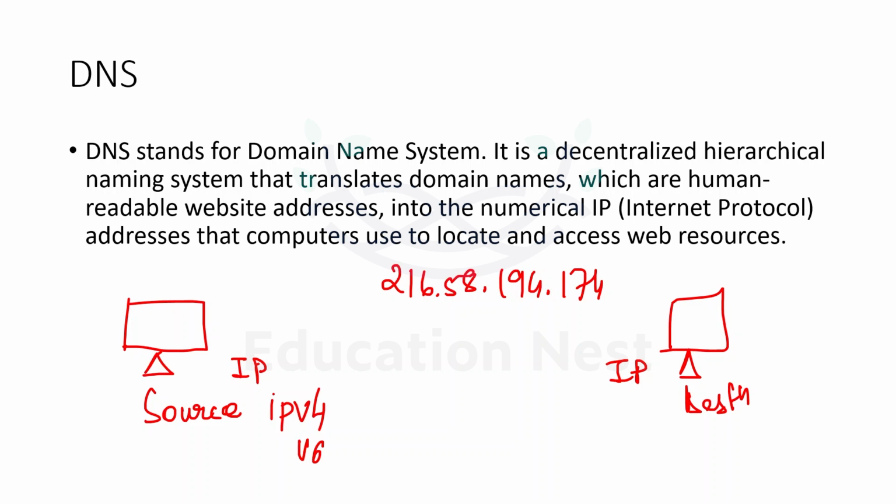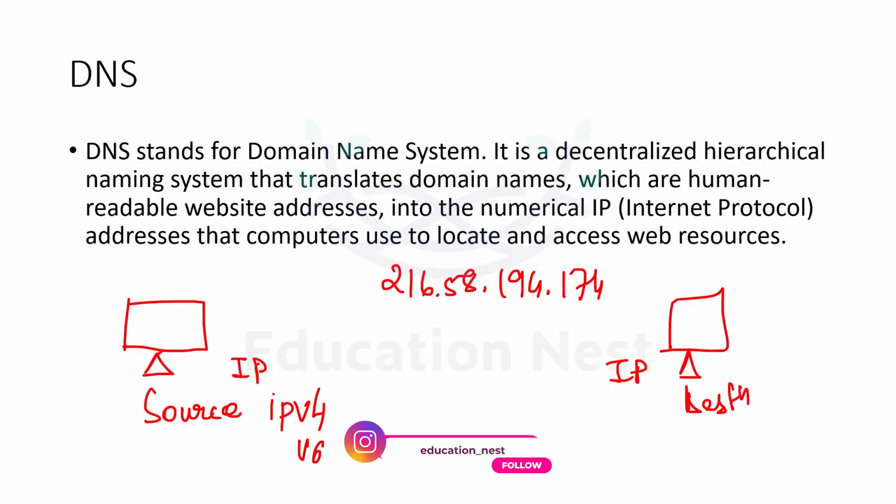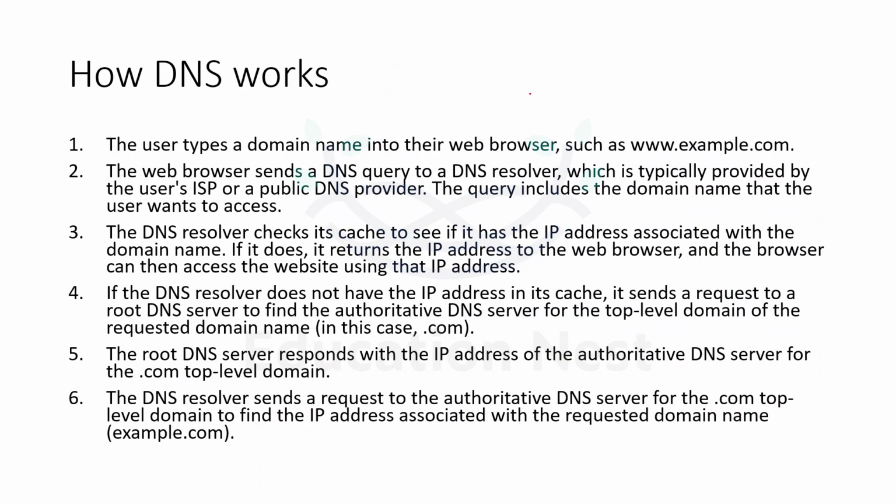Now, if we see how DNS works, it is important to note that there are several steps included. As I'm saying, IP addresses are difficult to remember, so we use domain names. So what are domain names? These are domain names: www.google.com. Okay, so this is a domain name. How will DNS work?